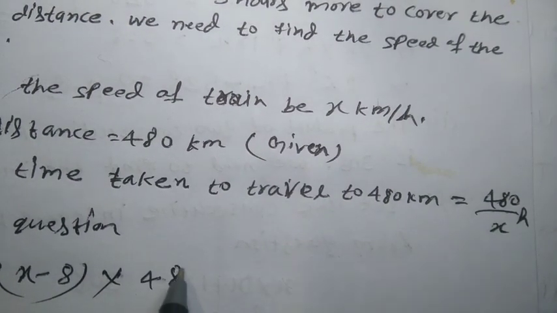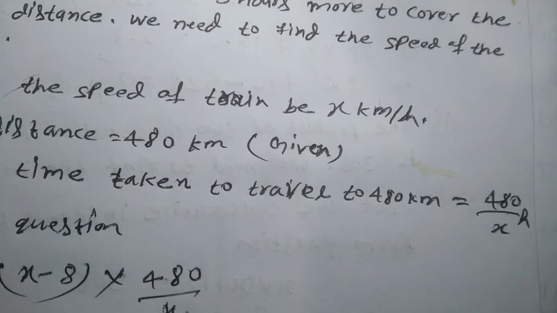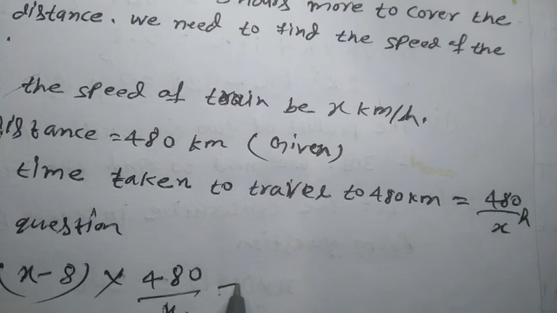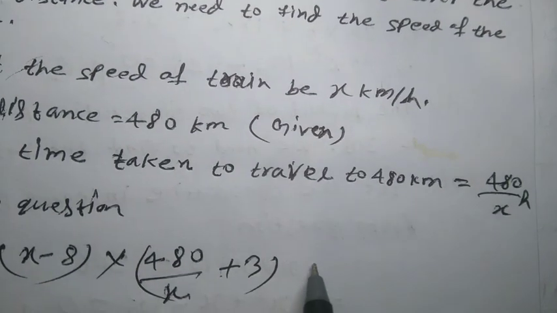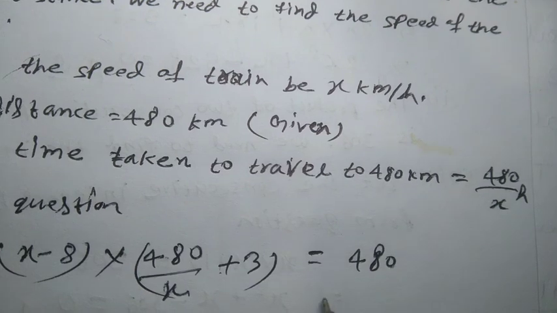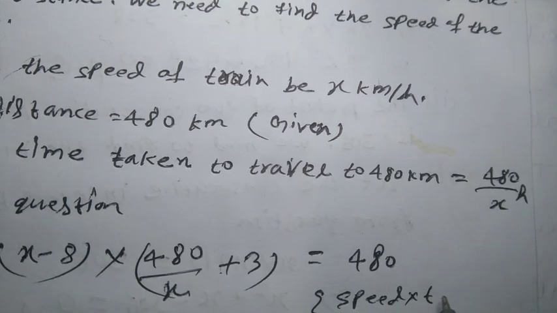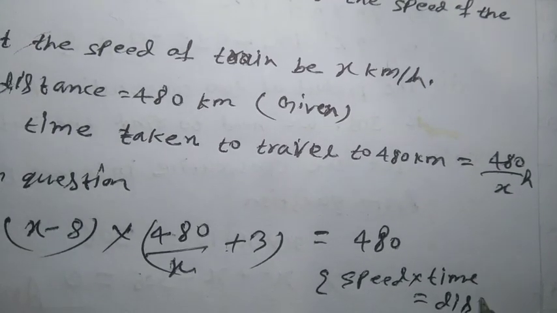The time is 480 by x, 3 more, that is plus 3, and this is equal to the distance, which is 480, because speed into time is equal to distance.